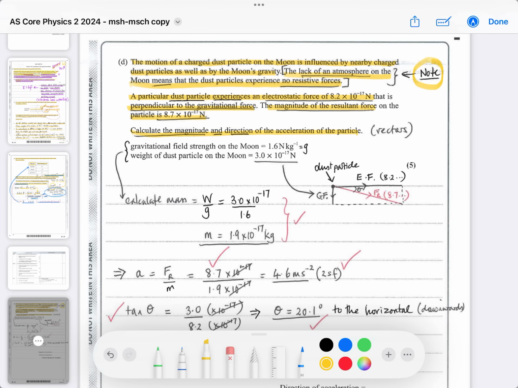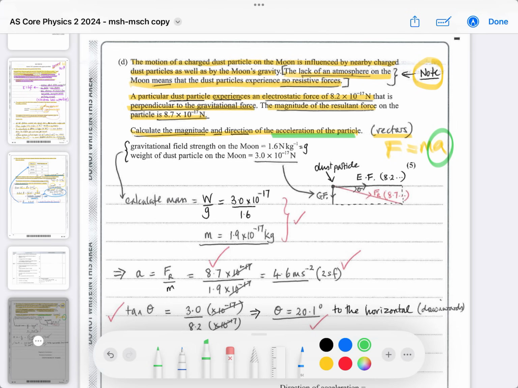Because they're vectors, if we know all the forces then you also know F equals ma, and they want us to work out a, the magnitude and direction of the acceleration, not the force.